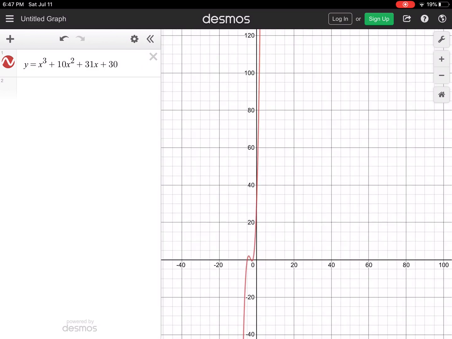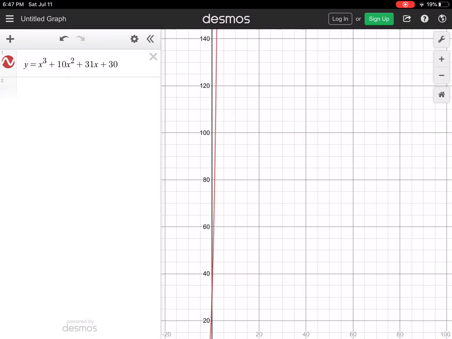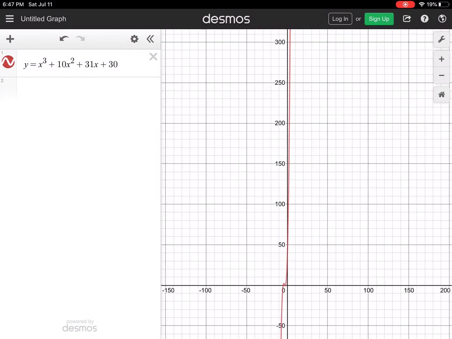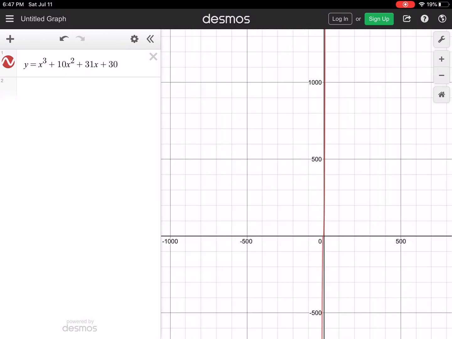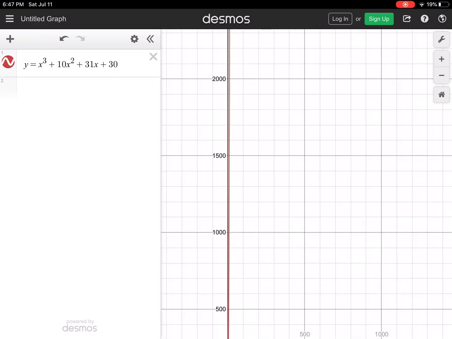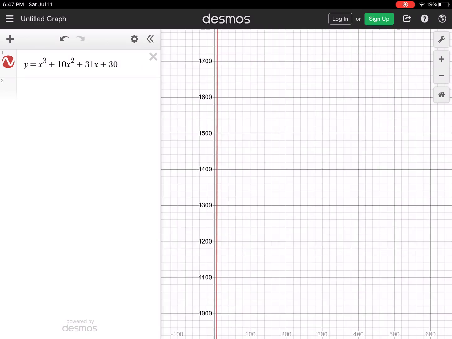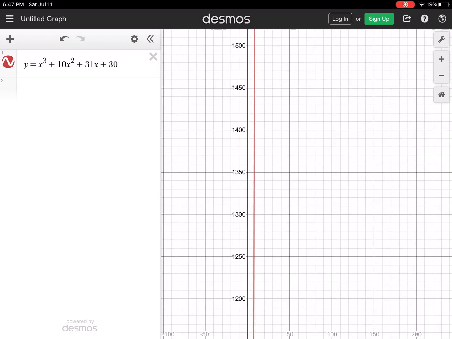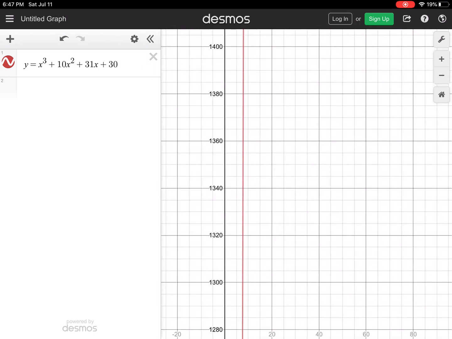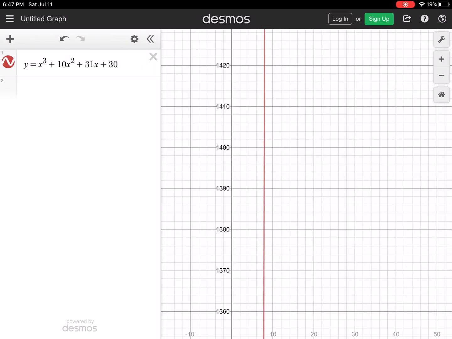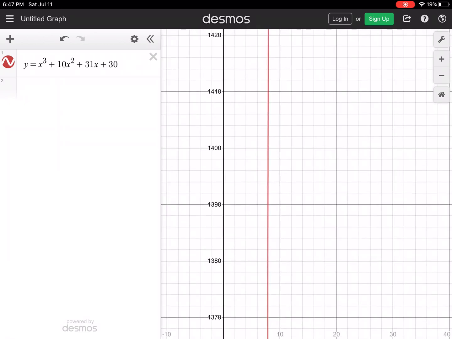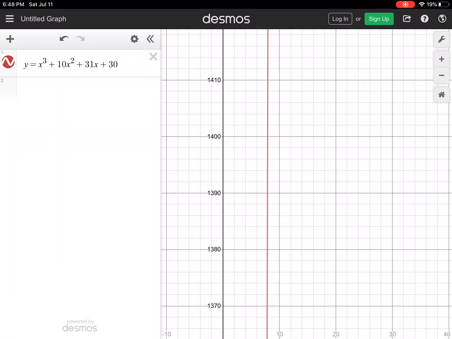Okay, so let's look on the other side. You can focus in on a section, and then you can zoom in on that section.